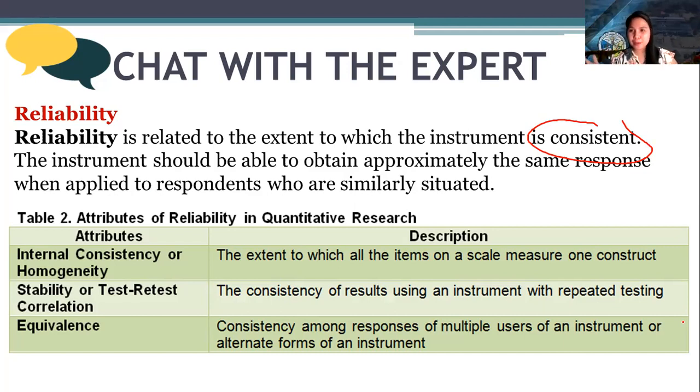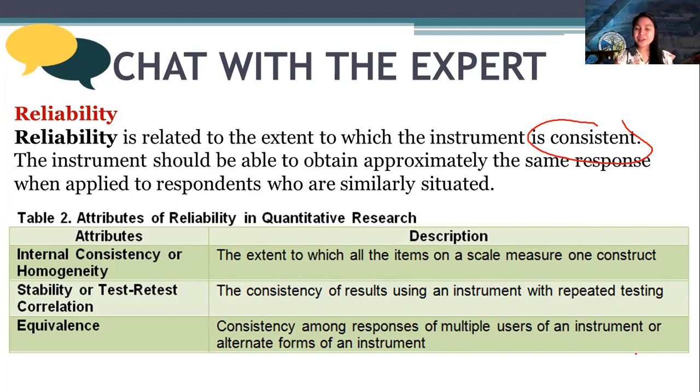For example, I'll take a test on attitude towards mathematics today. After a year, I took the same test, the same instrument. Will my result be consistent? If it is, then your instrument is consistent.